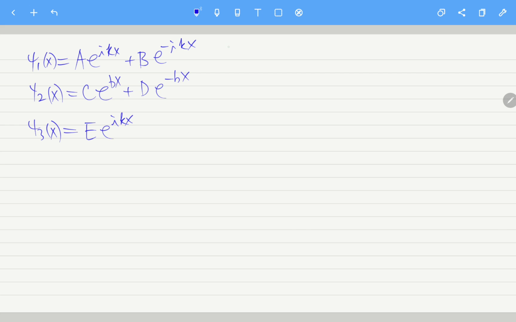For the first one, we have x smaller than or equal to 0, for the second one 0 is less than or equal to x is less than or equal to L, and for the third one x is larger than or equal to L.